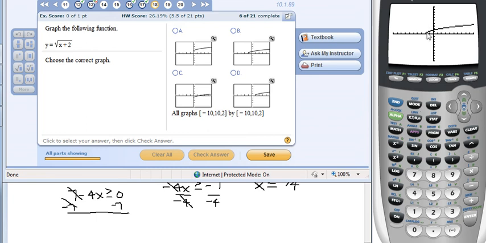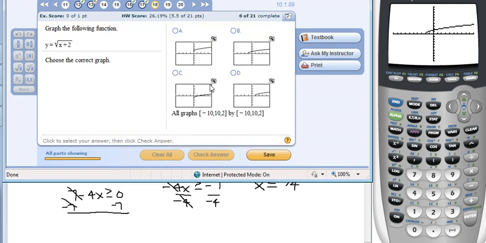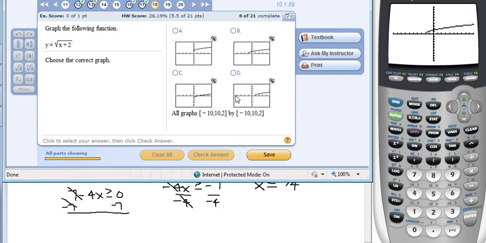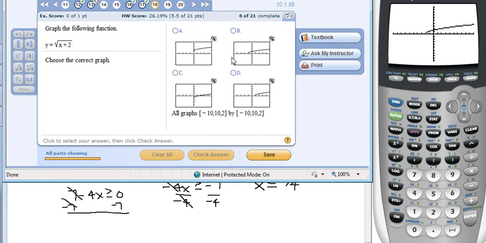Well, this is sitting on the x-axis at this point, so that's what I'm really looking at. Let's just blow each one of these up. See, that one doesn't match. It should be way over here. That one's not it. Let's look at this one. This one's below. That one's not it. This one's to the right. That's not it. I saved the best for last. There it is. So we've got B.